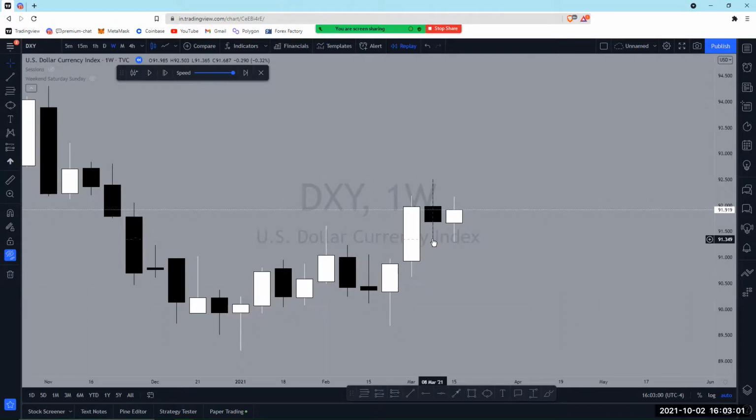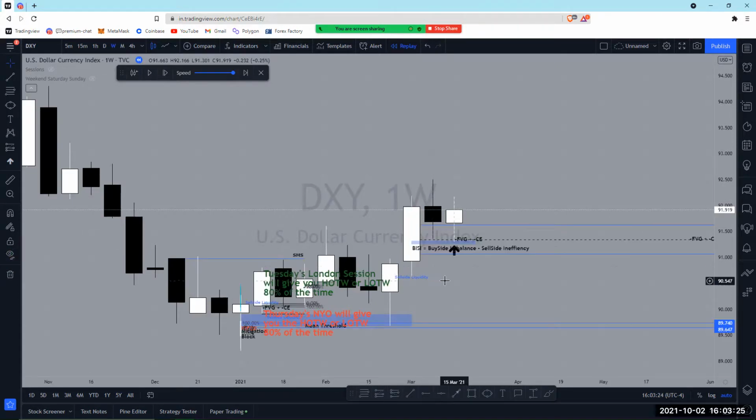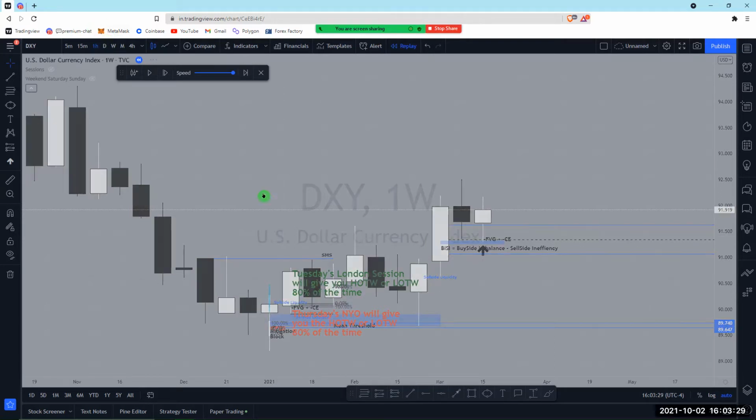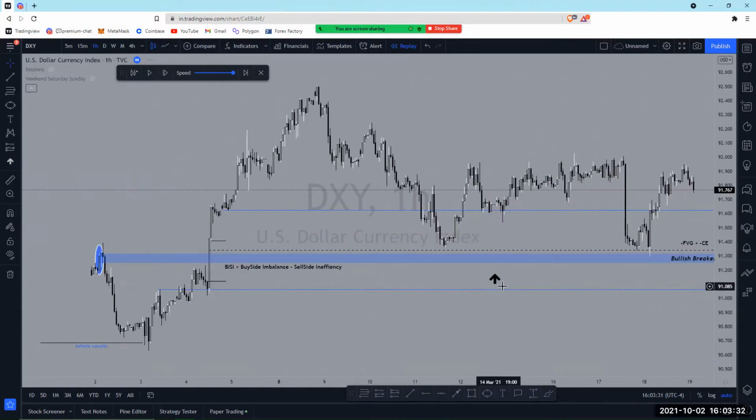Now, you want to be a buyer as price is coming down into this gap. As soon as it takes out previous week's low, you can expect a reaction once it clears liquidity and digs into the imbalance. It might be a little messy, but there you go. Go back to a 1 hour.